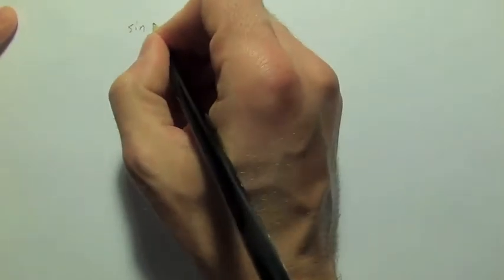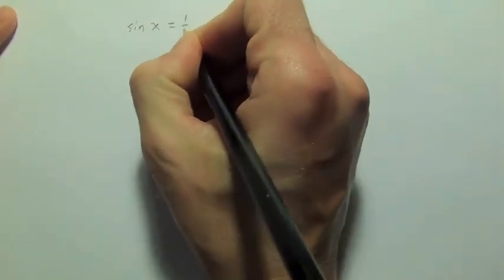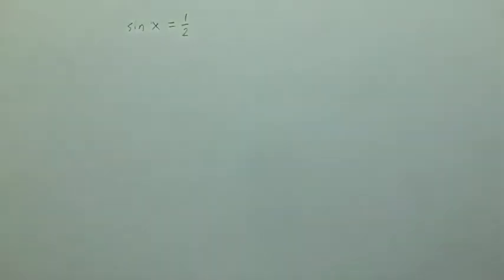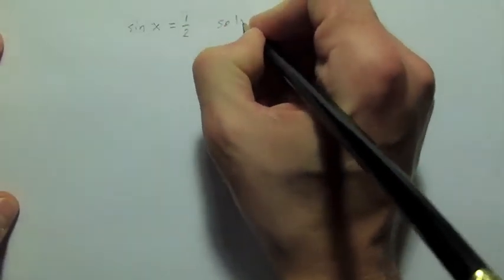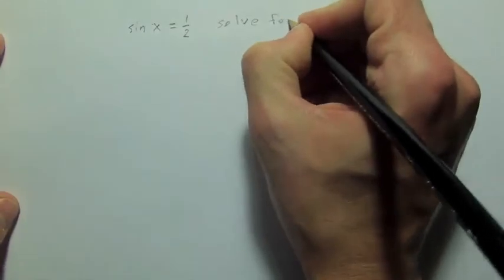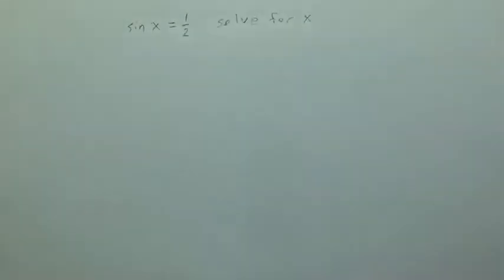Now this is actually a natural segue into solving trig functions. Right? If I say that sine of x is equal to 1/2, and I want to solve for x, well, you might immediately think, well, we can use the inverse and get a value.